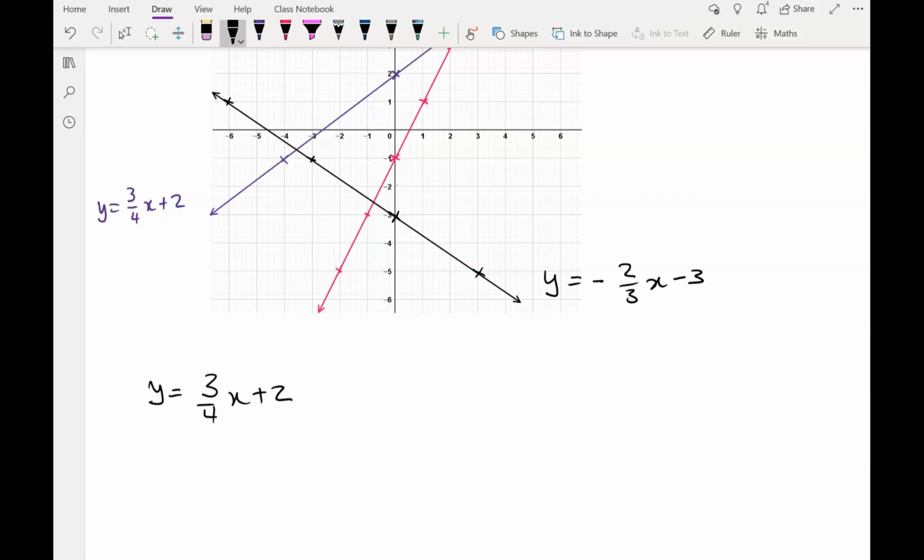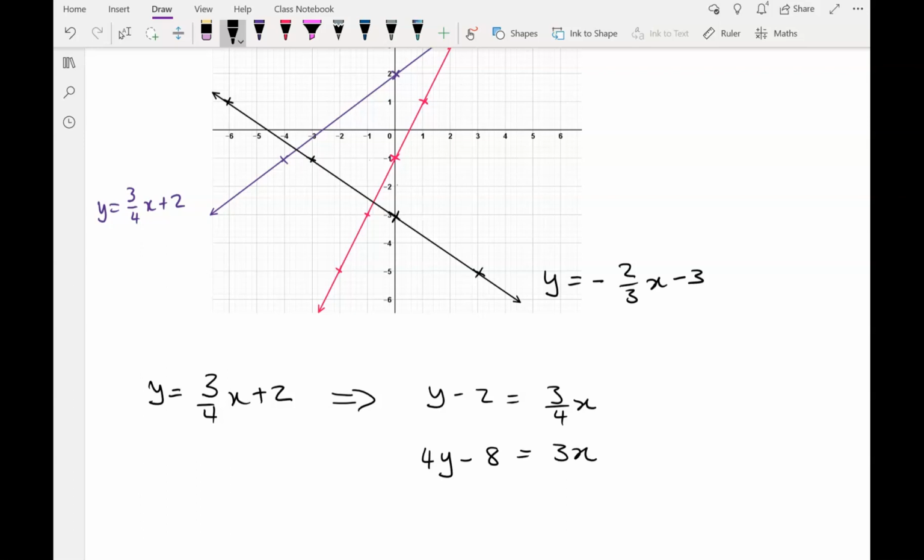Now, let's just think about what could happen with this equation. I could go and write this, couldn't I? I could say y minus 2 is going to equal 3/4 x. We're just going to take away 2 from both sides. And I'm never a great one for fractions, so why don't I go and multiply everything through by 4, and I'm going to get, not 4x, I'm going to get 4y minus 8 equals 3x.